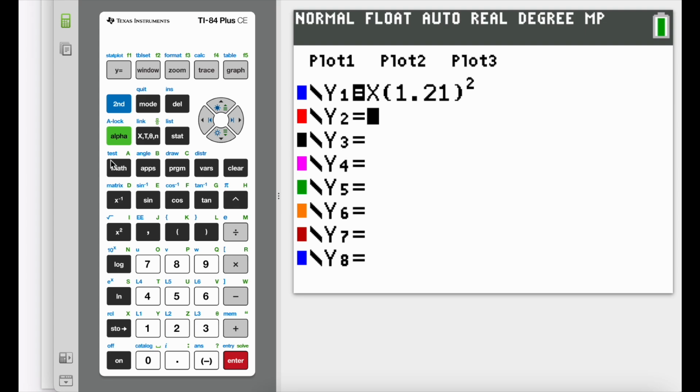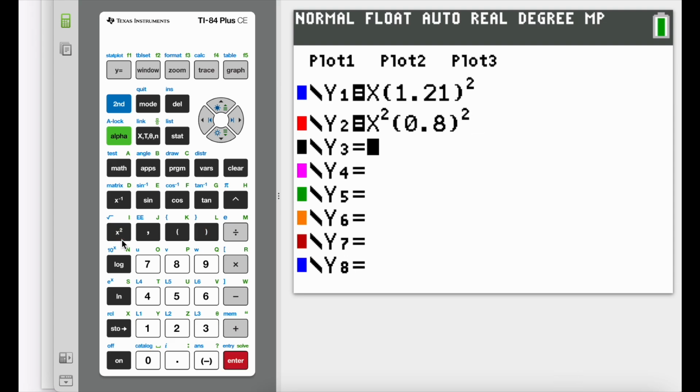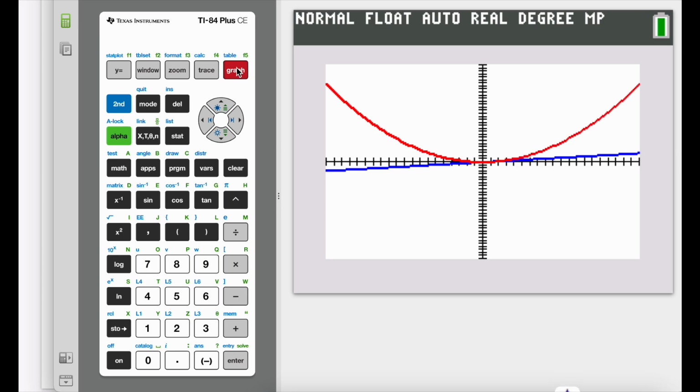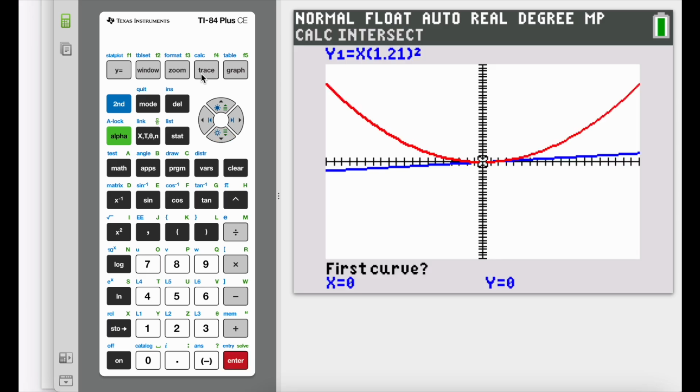And then we have x squared times 0.8 squared. If you want to delete, you just press the delete button here. And from that, I can graph them and then find where my intersection is in order to solve it.